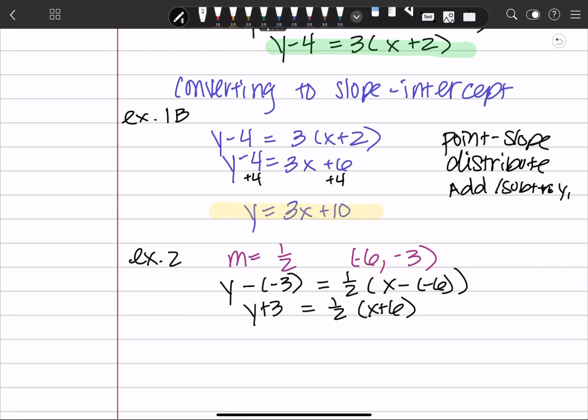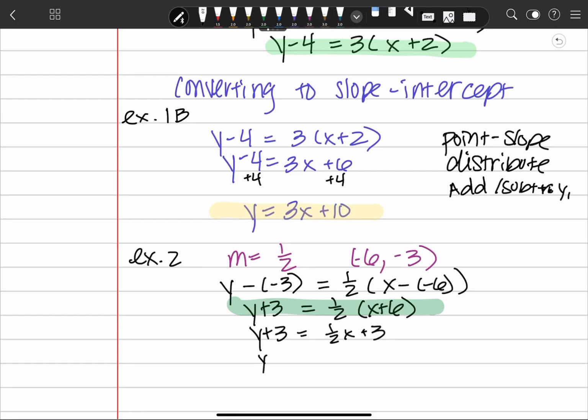This right here is our point slope form. But we're going to keep going and convert to slope-intercept form. All you're going to do is distribute that 1/2 first. So now you have y plus 3 equals 1/2 x plus 3.